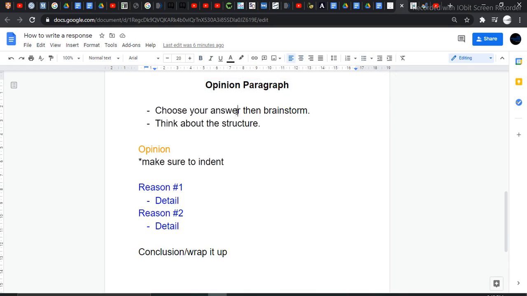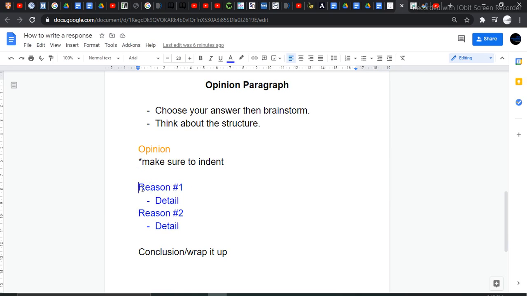And the best thing you can do to start is, first of all, look at the structure. You're going to have your opinion. It doesn't have to be too long. You can have your one sentence, your opinion. Do you think we should ban shark feeding? Yes or no. And then say why. And when you say why, you have to tell us your reasons. And then later in the paragraph, you have to go into detail.